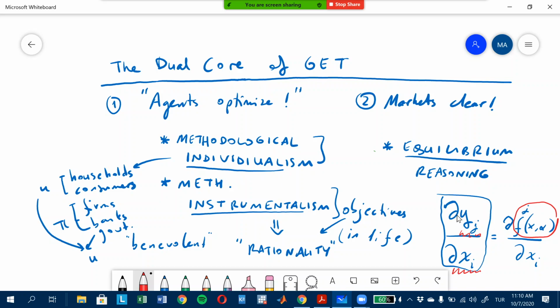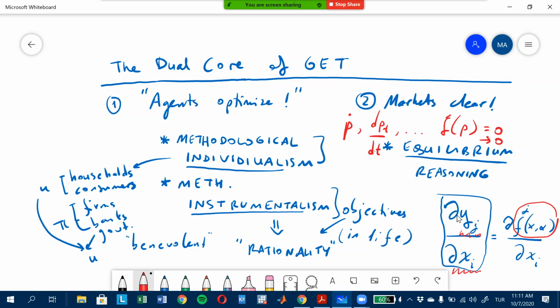For this reason, we impose market clearing. Of course, in some dynamic versions, we're going to let prices change in time. We're going to see those dynamic models as well. But in those models, we still have the excess demand function, and excess demand will tend to go to 0.